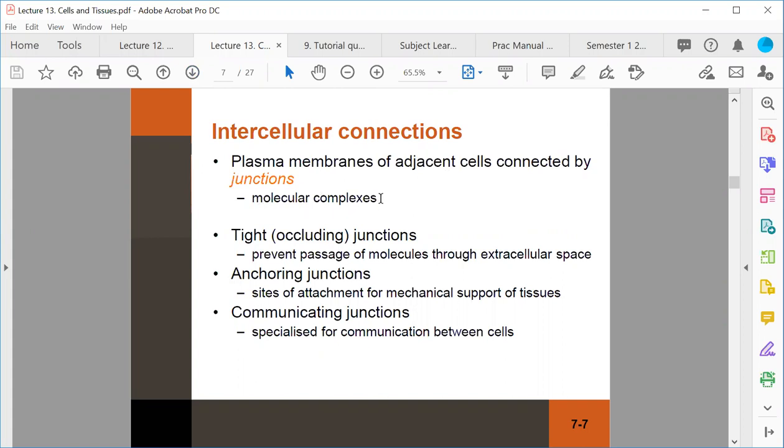These are molecular complexes that connect cell to cell or connect cell to the extracellular matrix. There are three major types of junctions: the tight or occluding junctions, the anchoring junctions, and the communicating or gap junctions. We'll look at each of these in turn.